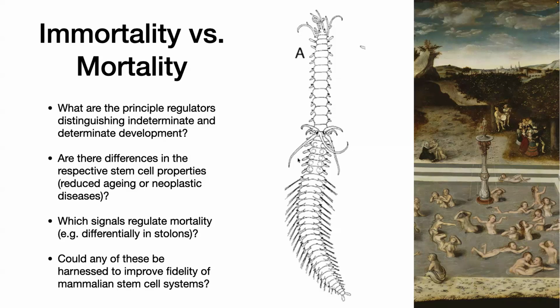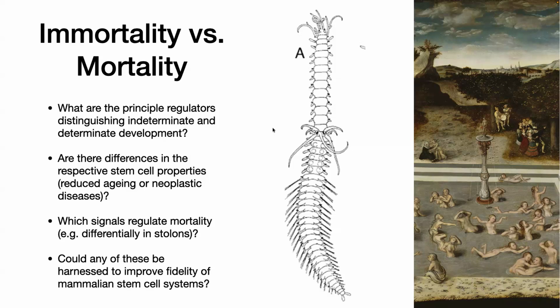So they have the ability to separate off new parts of the body that can then regrow, and they can again bud off new segments. So essentially, there are systems which are rejuvenating or maybe even immortal.